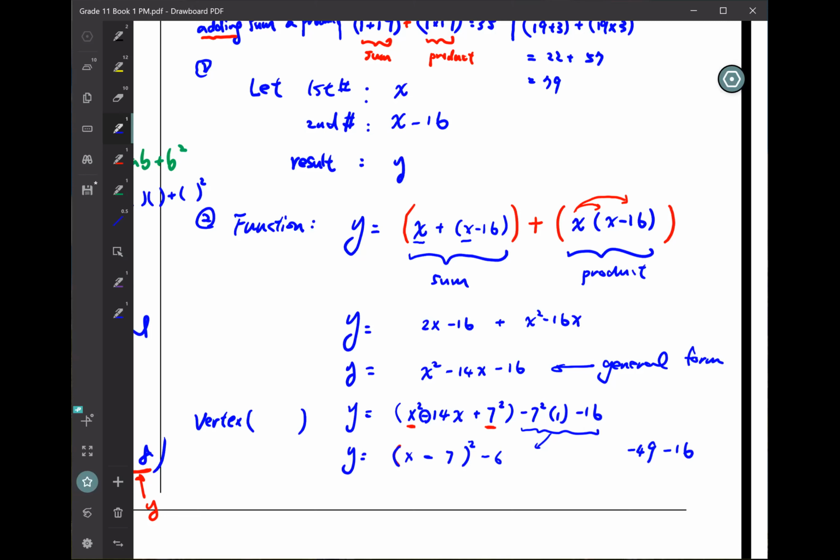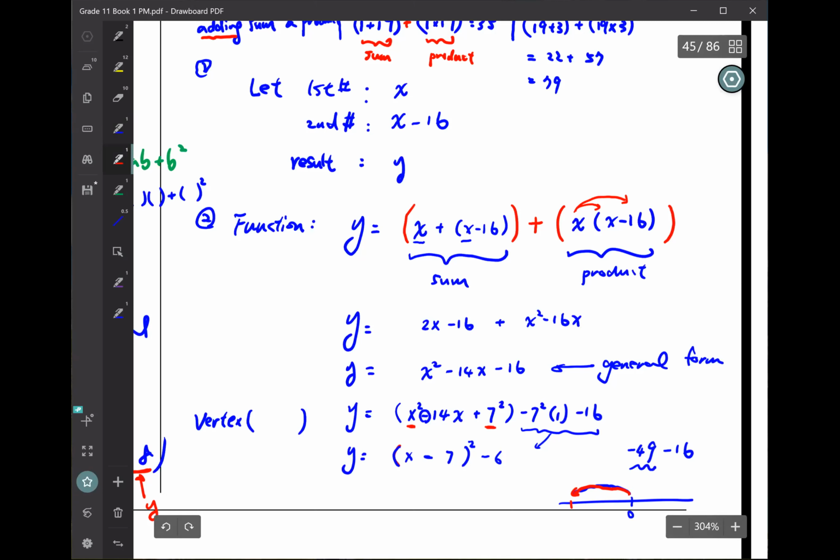No, it will be even more negative, but it's not 64. You can try again. Negative 33? No. Negative 49, think about a number line. Negative 49 means you go to the left 49, right?